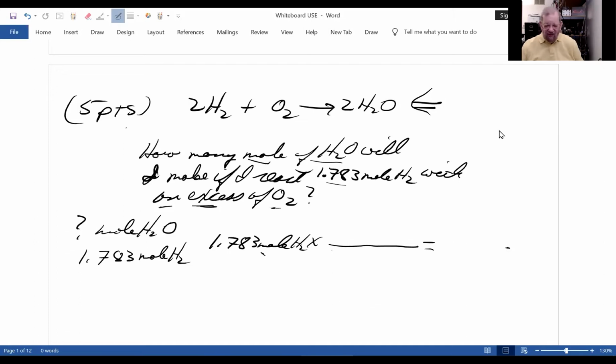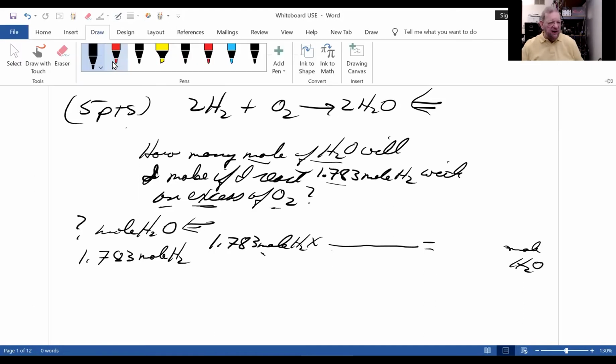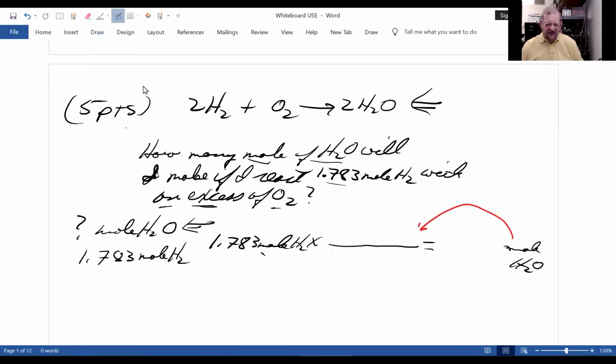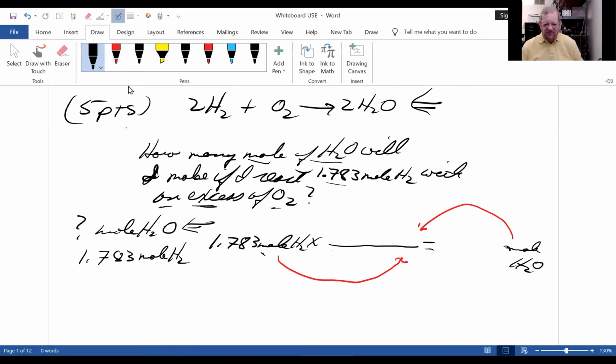What units do I want my answer to be? Well, we figured that out. Moles of water. And now we'll use our good buddy, our good friend, unit analysis. Whatever I'm trying to get to, the units go on top. Whatever I'm trying to get rid of, the units go underneath that ratio. Let me put that in.